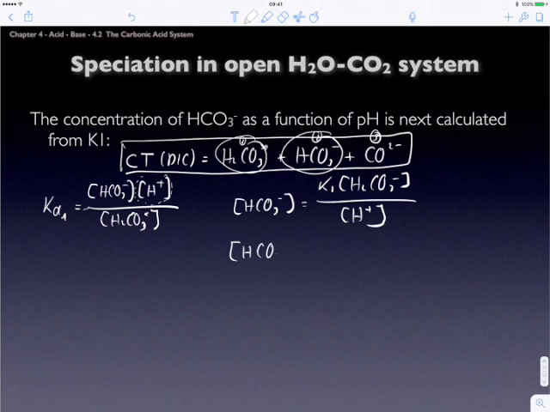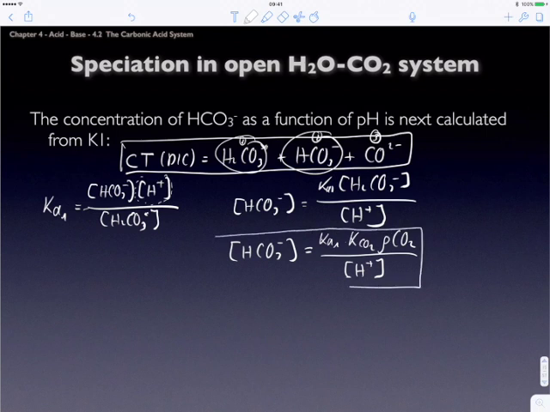The concentration of bicarbonate is equal to the Ka1 times KCO2 times the PCO2 divided by the activity. I should write activity, I will just simplify by writing the concentration. And everything is expressed as a function of the PCO2, 2 constants, and the H plus.